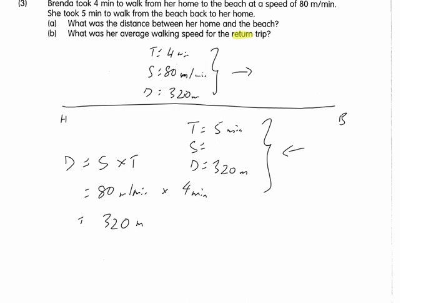For the return trip, there's only one distance. And what's the distance, tell me? Then what's the total time? 320 divided by that. So it's necessary to find this step, right?